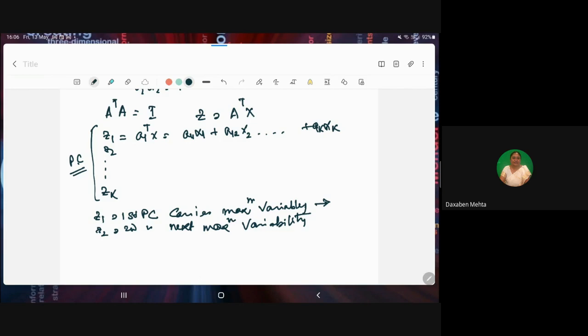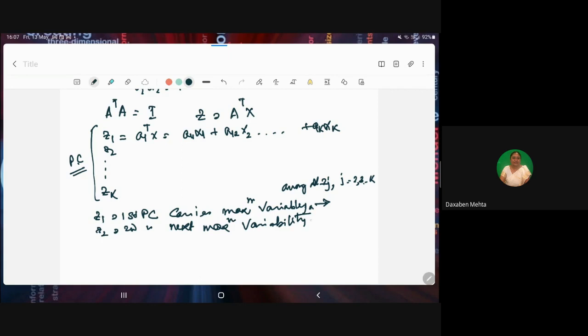Z1 carries the maximum variability among all principal components Zj, where j is equal to 2, 3, and so on up to K.